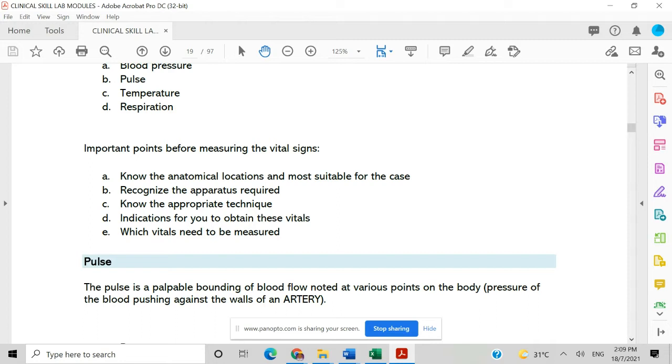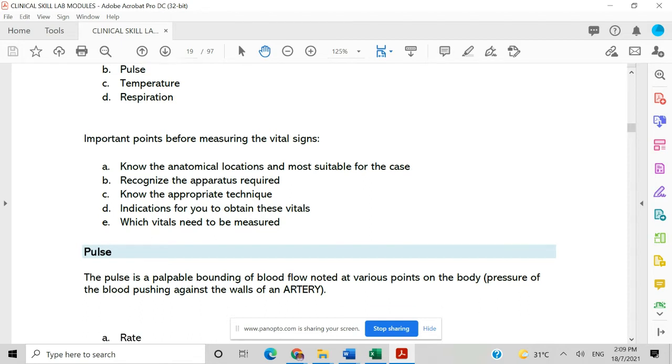The third one, know the appropriate technique. You have learned the technique before, but maybe we can emphasize some of the details. Then, the indications for you to obtain these vital signs. This is quite important for you to recognize. We will also discuss which vital signs need to be measured for your patients in the dental clinic. That's what we're going to emphasize in this briefing.